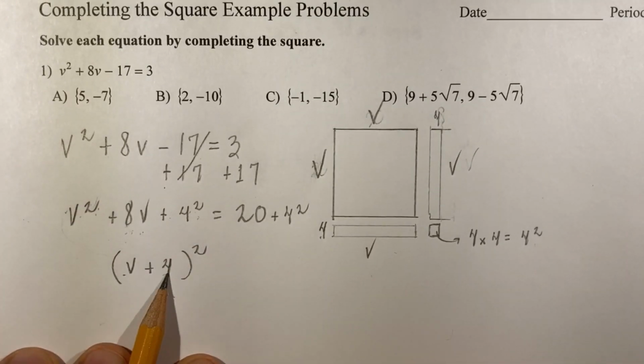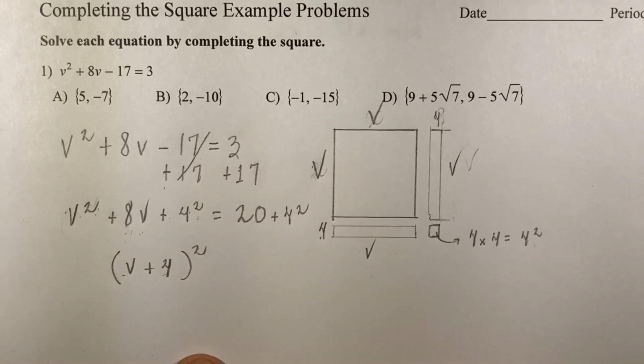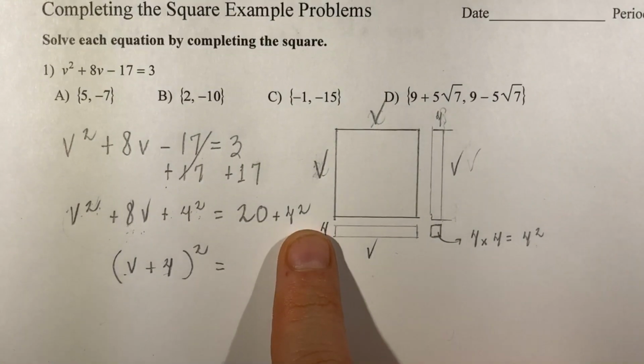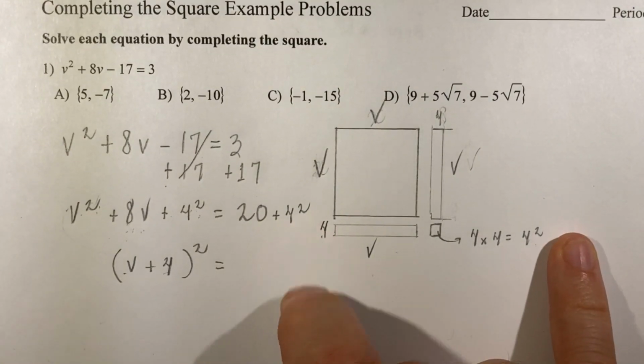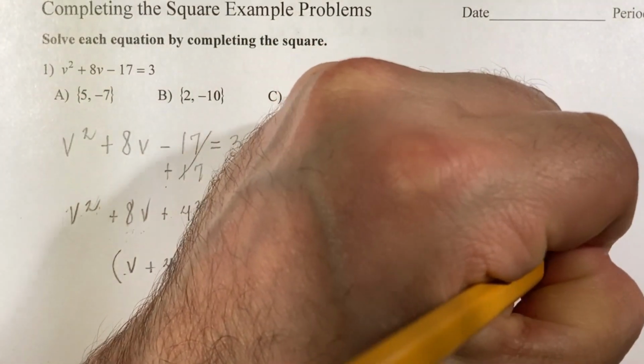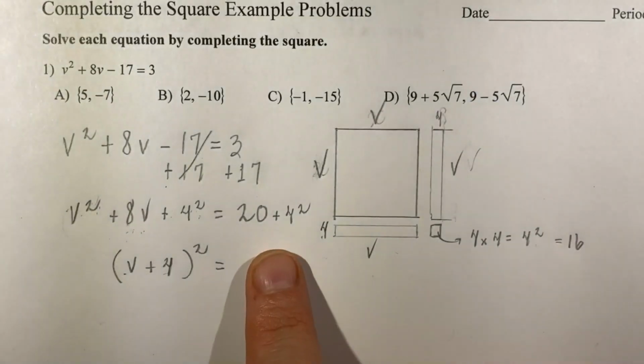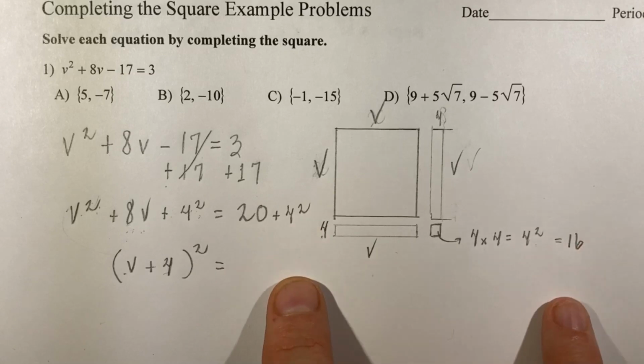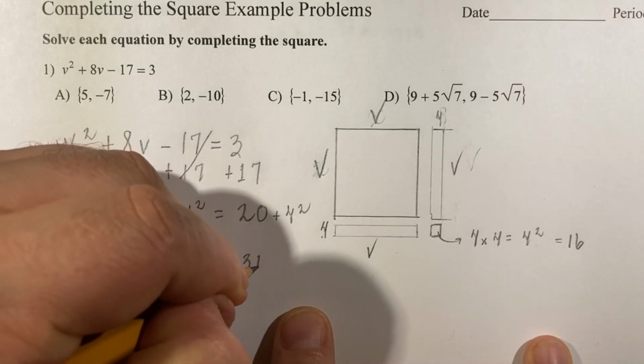First term, last term squared. Plus in the middle. Okay? Equals. And now we've got to figure out what 4 squared is. Well, 4 squared equals 16. 4 times 4 is 16. 20 plus 16 is 36. So we're going to put a 36 right here.